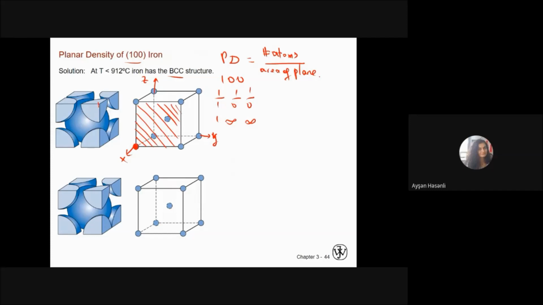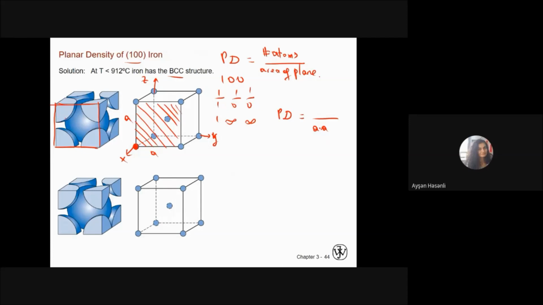And I will do the same thing over here on the left picture. So the size of the cube is A, and it is a rectangle. So area of the plane will be A multiplied by A.